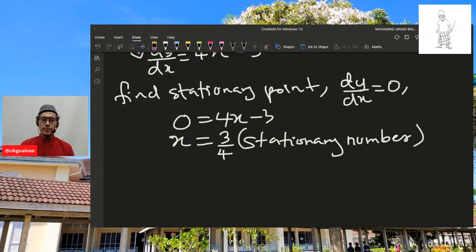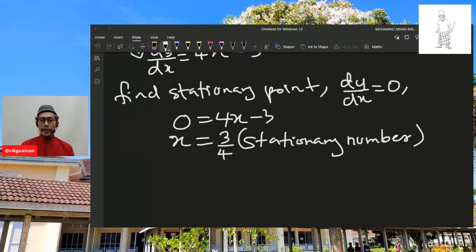Maybe accounting students learn partial differentiation, where they deal with two variables and have to figure out x and y at the same time. Your syllabus does not deal with that. Those numbers are what we call stationary numbers.